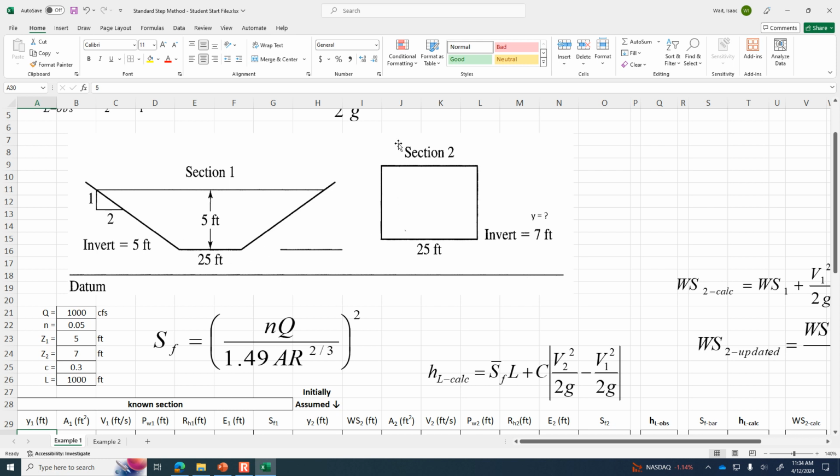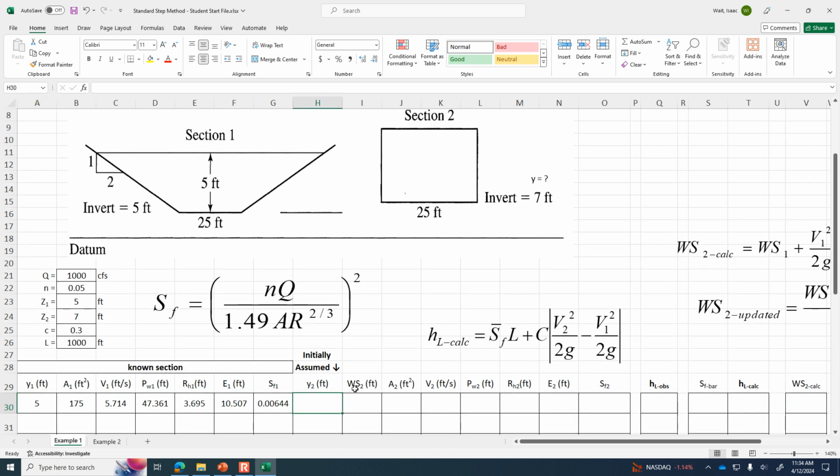So at section 2, we've only basically got this part of the channel. So it stands to reason that probably the water is deeper at section 1, especially because it's subcritical. Like when it went like that, it didn't have to be as deep as it was before. So let's say 5.1 as our first guess for the depth here, 5.1 feet. And it's probably more than that, but it's fine as a starting point.